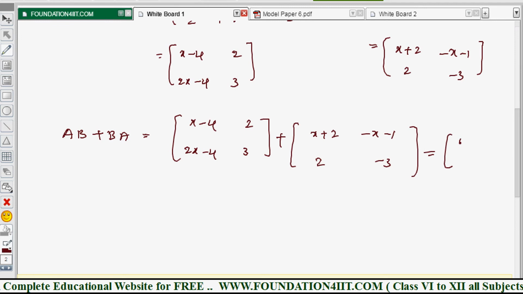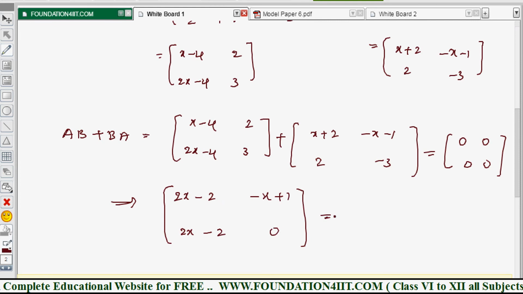This equals [0 0; 0 0] because it's a null matrix of 2 by 2 order, the same order. We'll simplify this. x - 4 + x + 2 is 2x - 2, and this is -x + 1. Corresponding elements you can add. 2x - 4 + 2 is 2x - 2. 3 - 3 is 0, right? That is 0, 0, 0, 0.